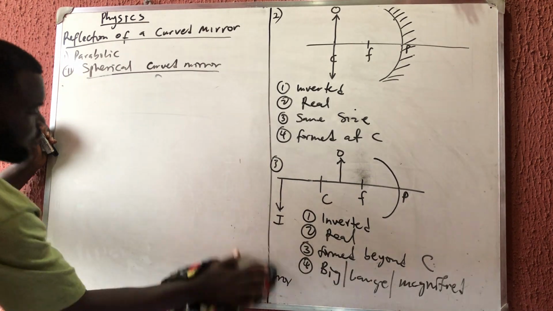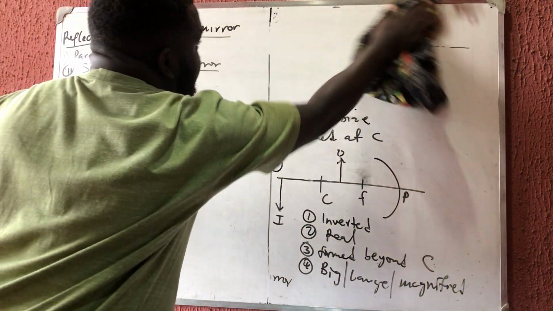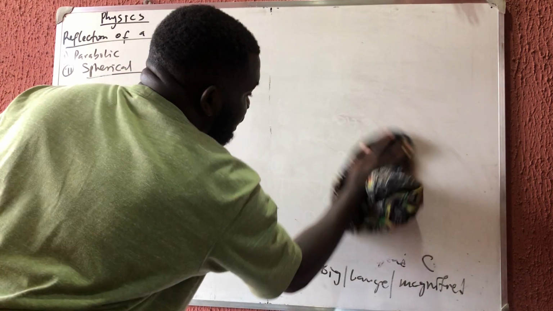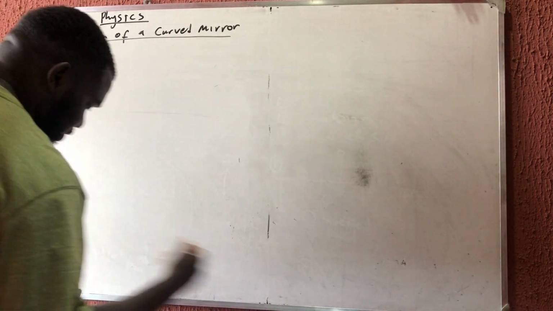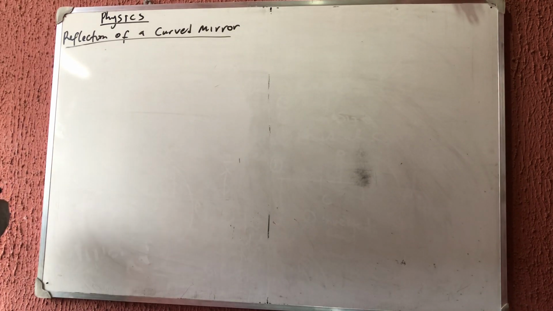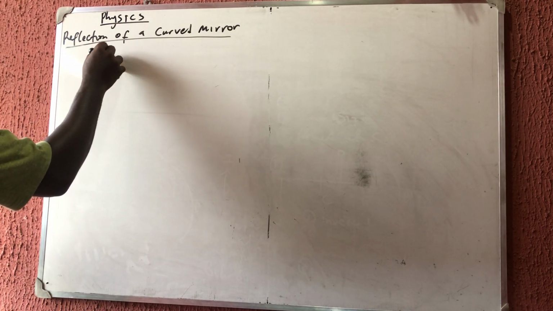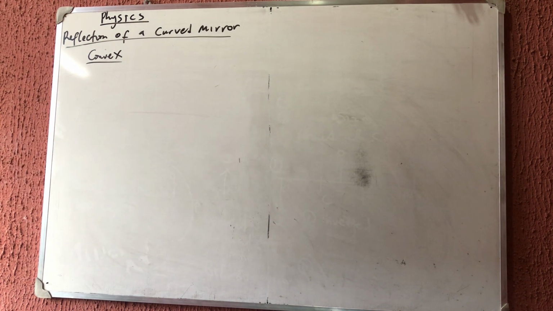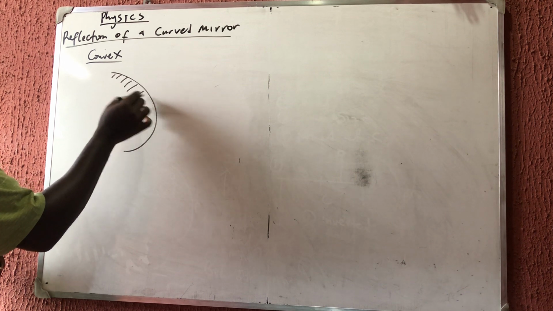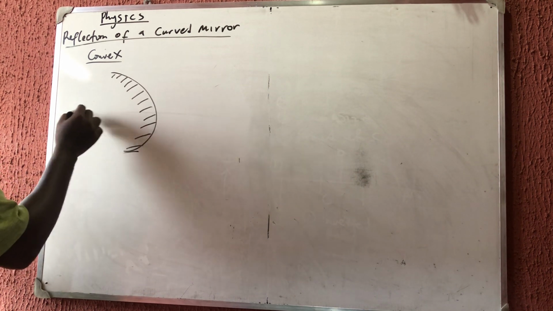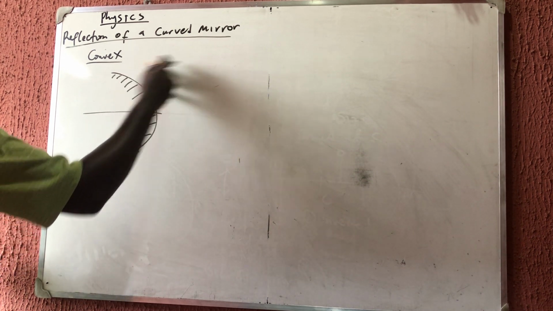So now let's talk about convex. In a convex mirror, the first characteristic is that it is coated inwardly. Since it is coated inwardly, the reflection will be outside.